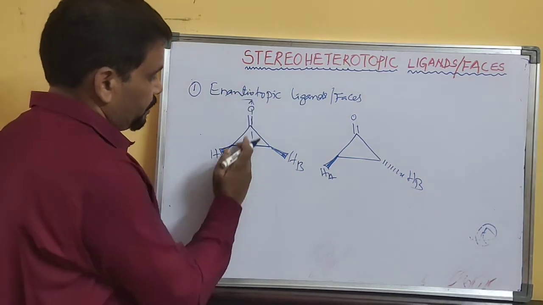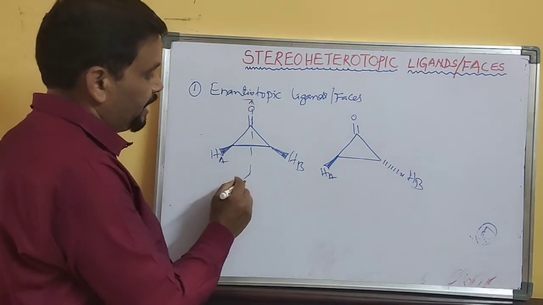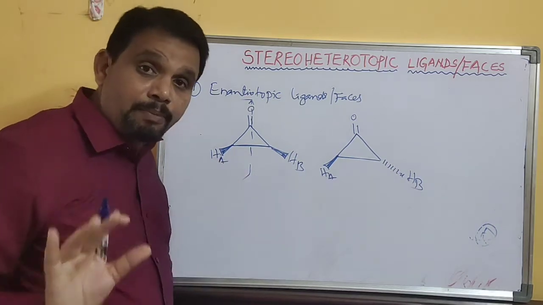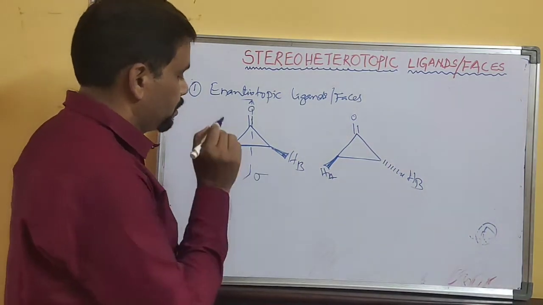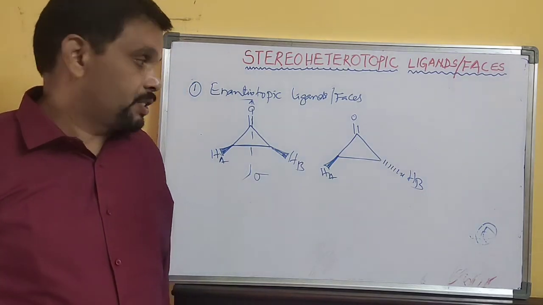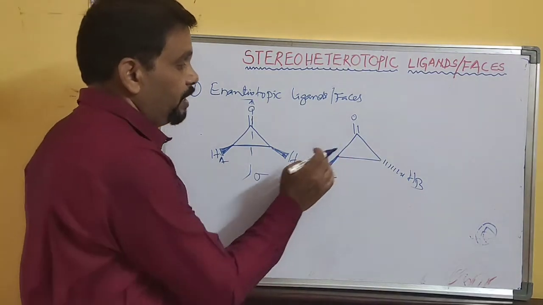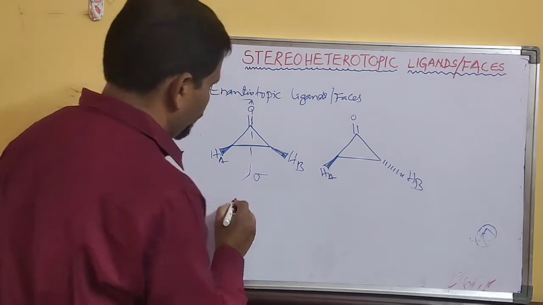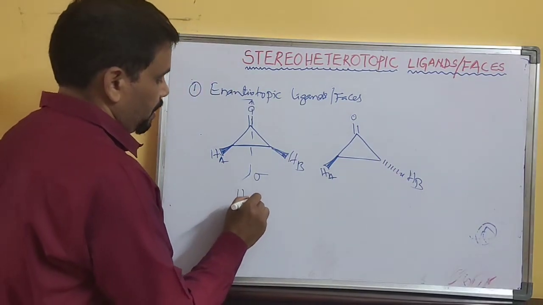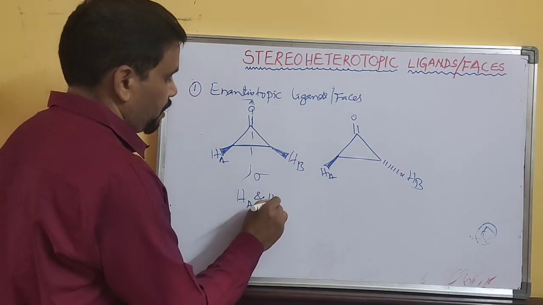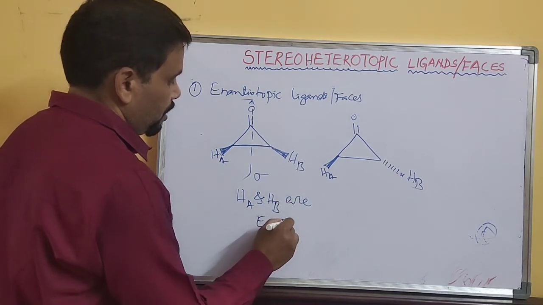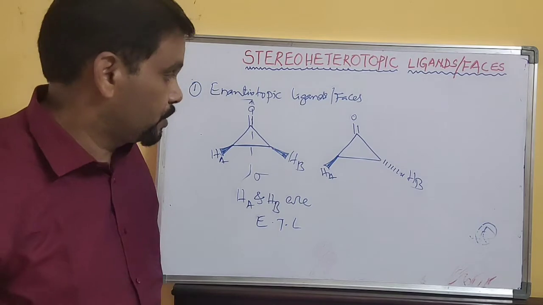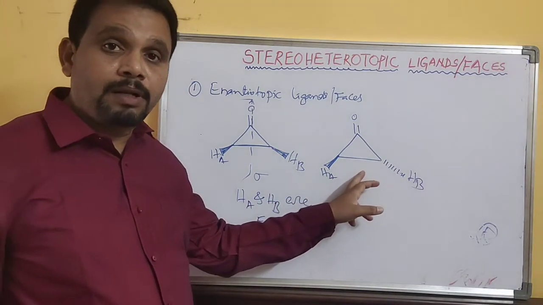If you bisect this molecule with this plane, you will get two equal parts. So a plane of symmetry is present in this case. Therefore Ha and Hb are enantiotopic ligands.